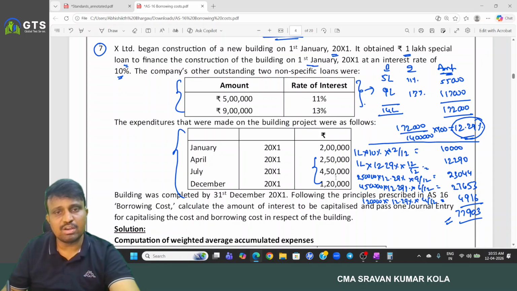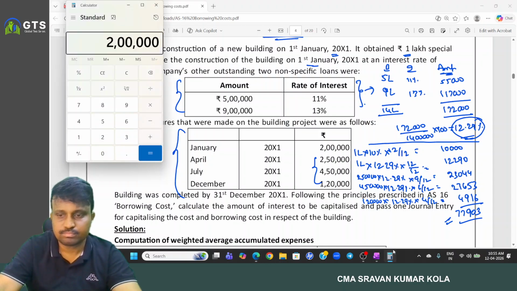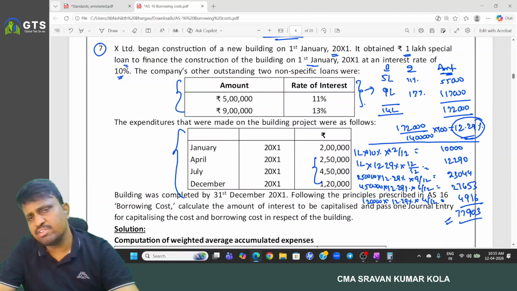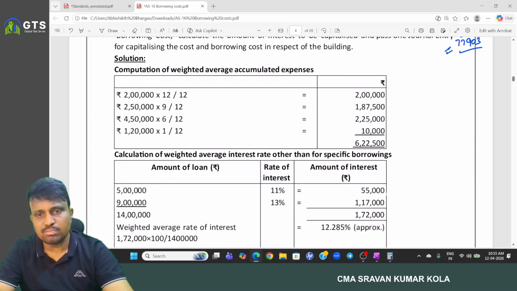The total is 2 lakh plus 2 lakh 50 plus 4 lakh 50 plus 1 lakh 20, so 10,20,000 plus borrowing cost 77,903. So the total amount is required to be capitalized and we write the entry: asset account debited to bank.